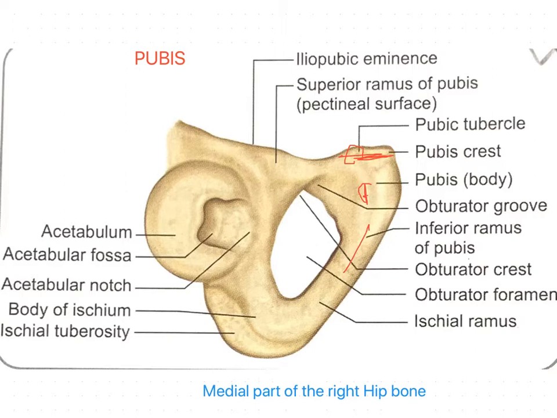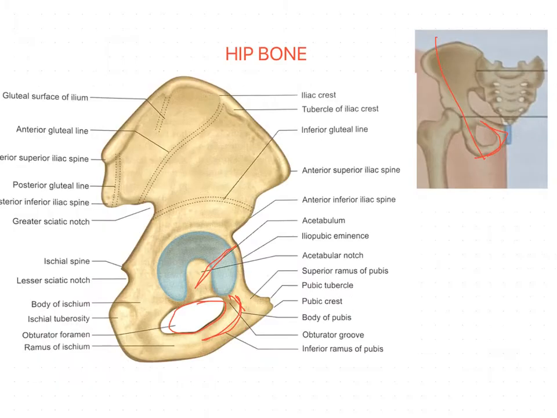The anterior surface is directed downwards, forwards and slightly laterally. So this is the body of the pubis, which is directed downwards and also forwards.